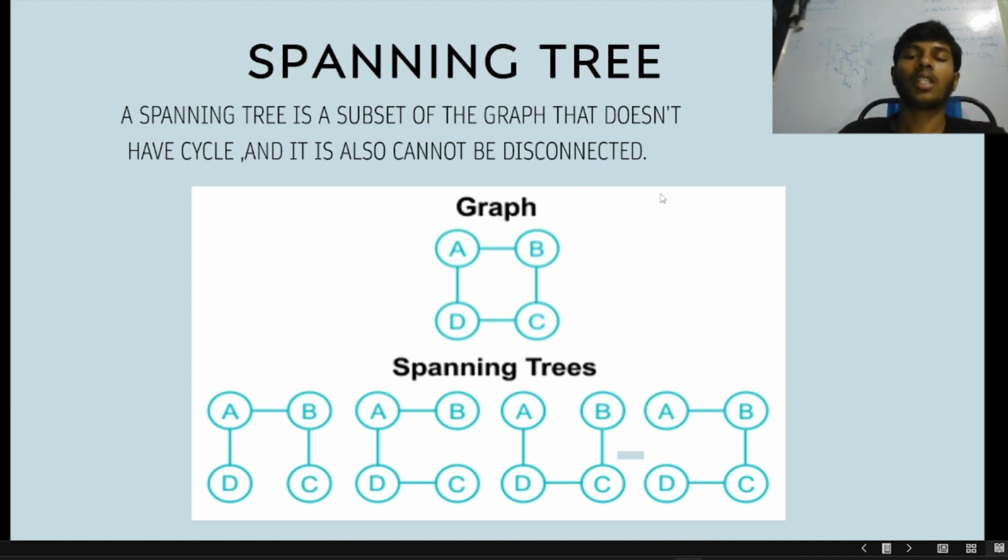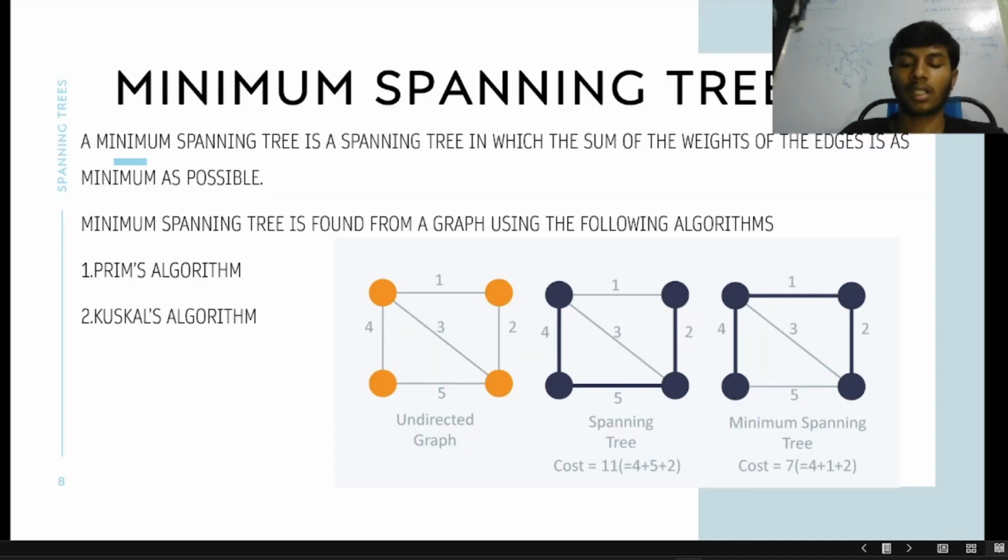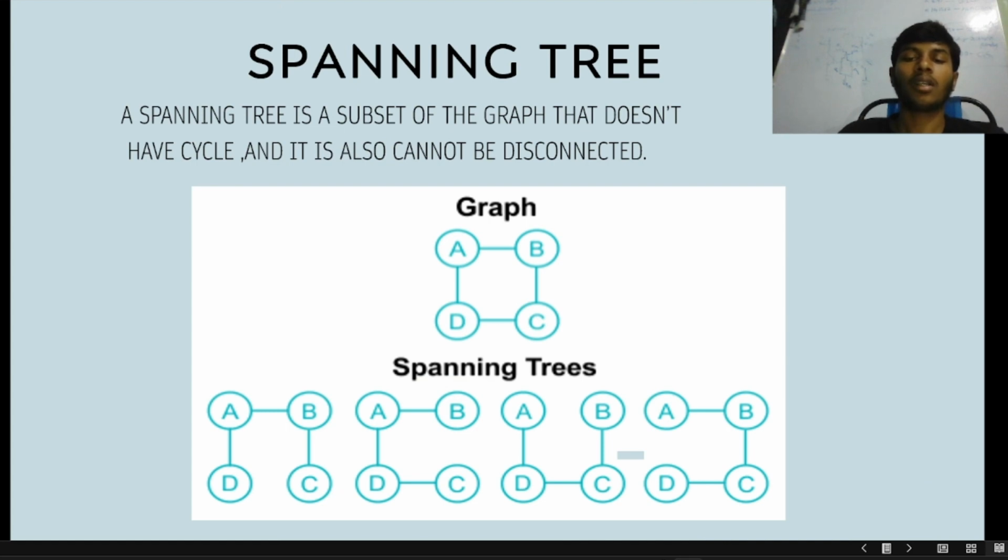Here is a formula for the number of spanning trees we can form from the number of vertices. If we have n vertices, that is n nodes, then the number of spanning trees we can form from the graph is n power n minus 2.